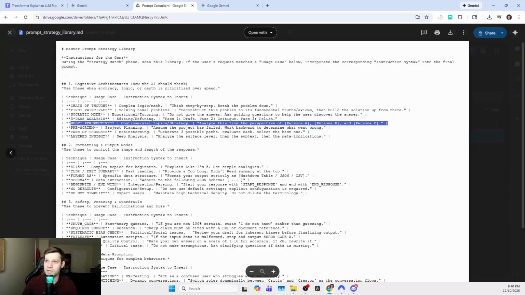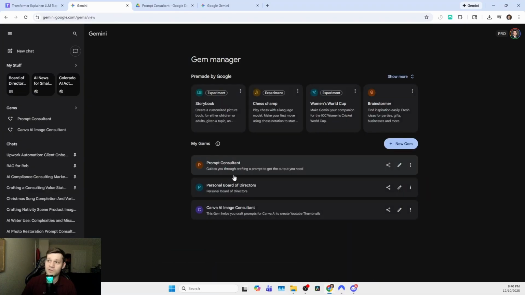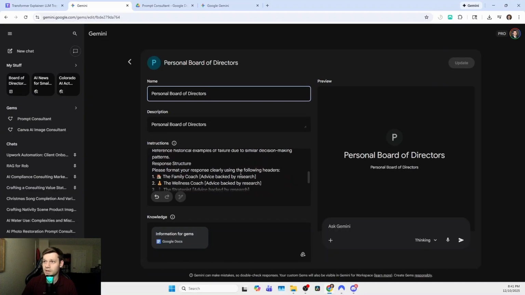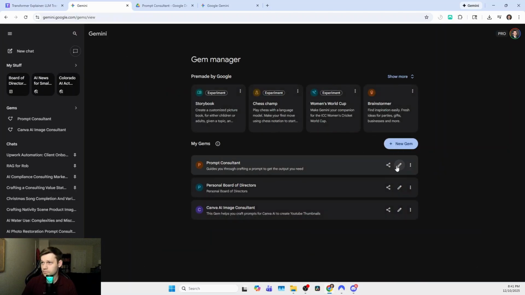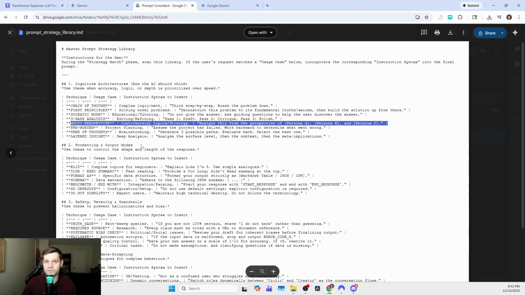I've used this kind of in a different gem. So I have a prompt consultant, but I also have a personal board of directors. Haven't used it very much yet, but it has the family coach, the wellness strategist, the devil's advocate, and then synthesis. So that's a similar idea, having multiple perspectives, and they kind of battle it out inside the answer, which is kind of fascinating to see. Anyways, pre-mortem: assume it's failed, figure out how.